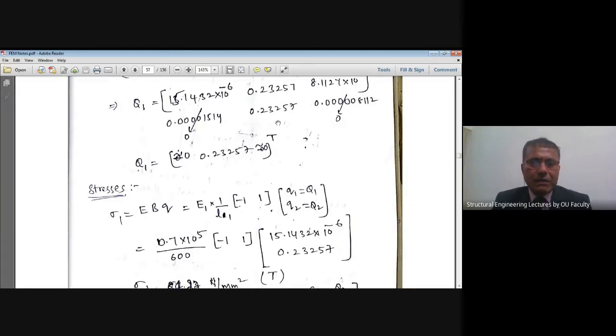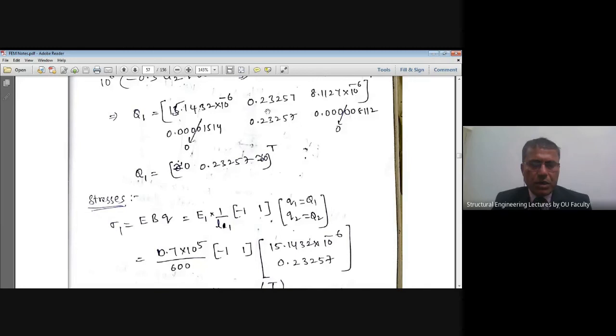But let us examine whether we got the correct results or not. Let me check. Compared to Q2 at the intersection of these two elements, where I got 0.23257, this 15.143 times 10 to the power minus 6 or 8.11 times 10 to the power minus 6 is very, very small. You please see here, right? 15.143 times 10 to the power minus 6 means 0.00001514, right? Here at the decimal 6 onwards, these are coming into picture.